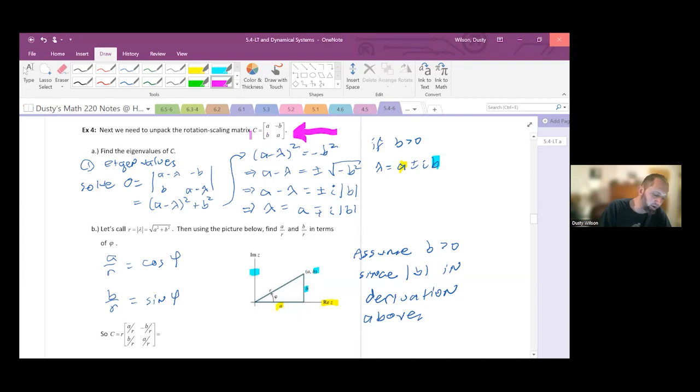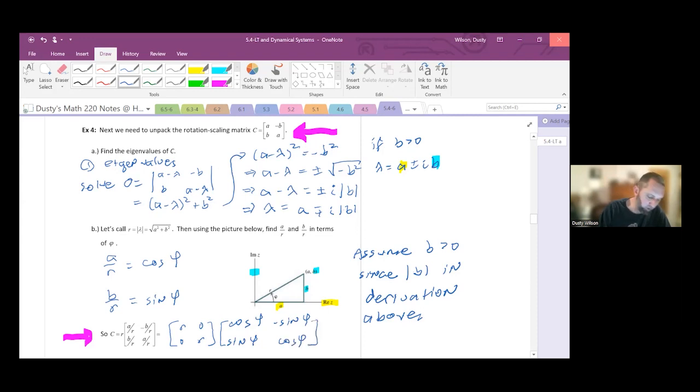So we could factor an R out, and we would be left with C equal to R times A over R, minus B over R, B over R, A over R. So we just pulled out that factor of R. And so we could write this as R, 0, 0, R times A over R, minus B over R, B over R, A over R, but that would be the same as cosine of phi, minus sine of phi, sine of phi, cosine of phi.